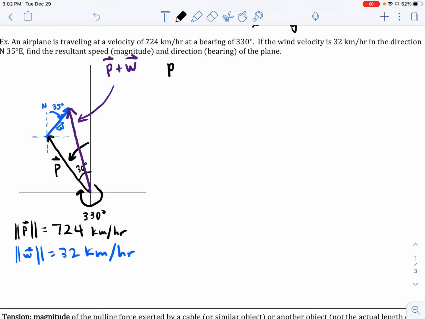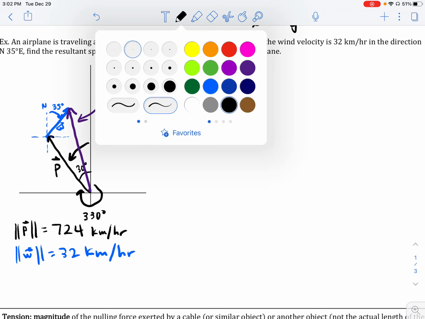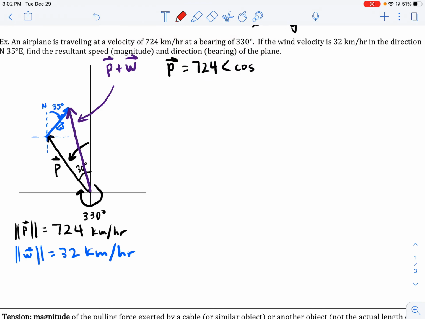So vector P, to start off, is its magnitude times its unit vector. Its magnitude was 724 times its unit vector, which was the cosine of, now let's think about what this angle is before we just go ahead and say 330 degrees. When we're expressing angles trigonometrically, we want to write the angle from the positive x-axis.